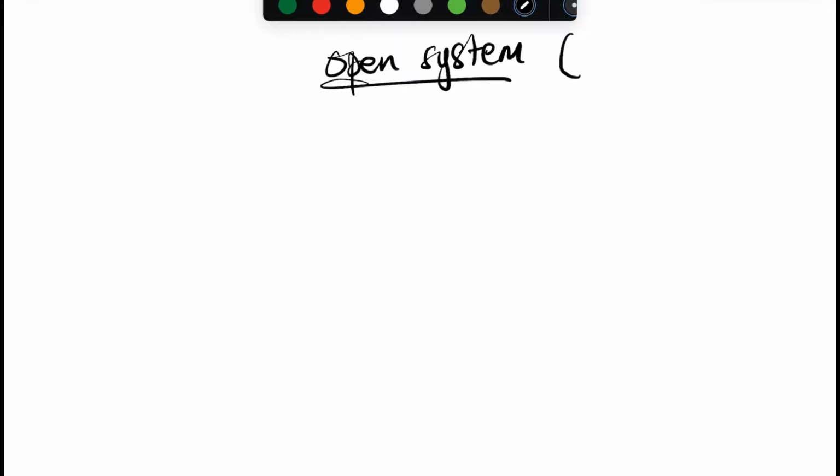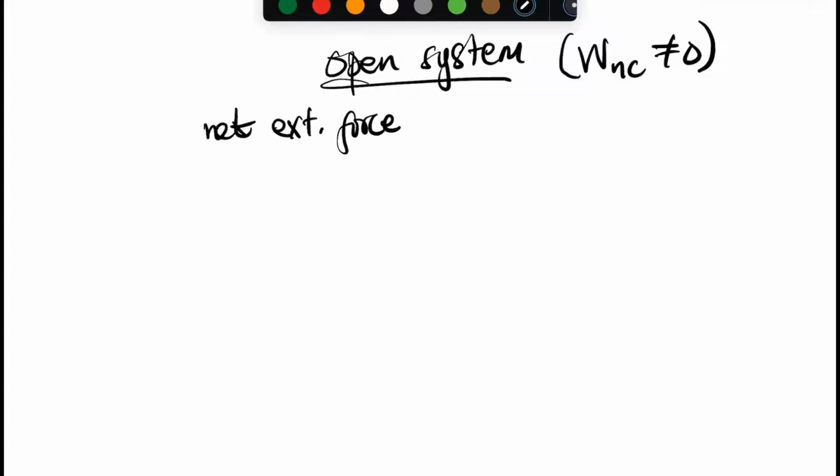And let's say now in this case, the system is an open system. What do we mean by open system? We mean the work done by non-conservative force is not equal to zero. That means that the net external force is not equal to zero.